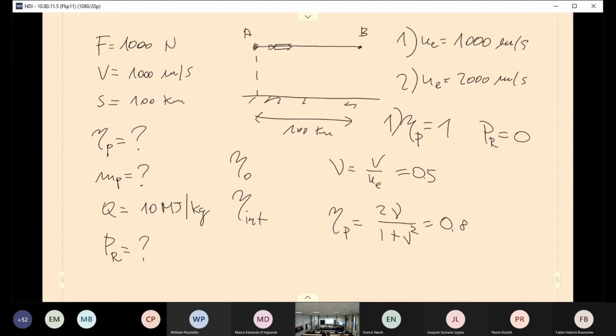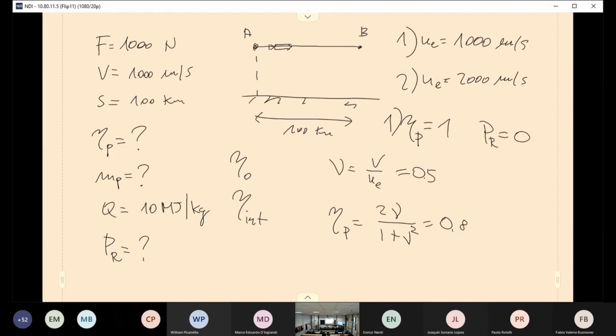So which of these two cases is better? Propulsive efficiency says the first case should be better, because we have no residual power of the jet. But let's see actually what is the meaning of this velocity.